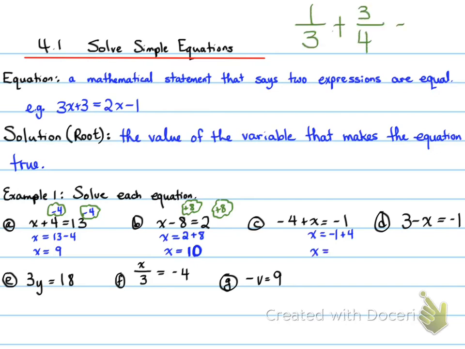Again, x is equal to negative 1 plus 4. Negative 1 plus 4 is 3. And so that means x is equal to 3. If I check my work over here, negative 4 plus 3 will give me negative 1. So we've done this correctly.